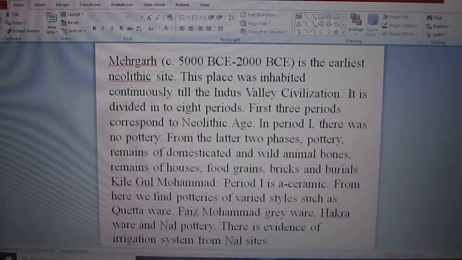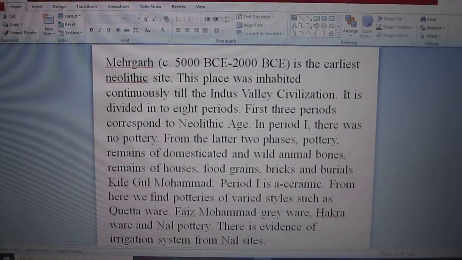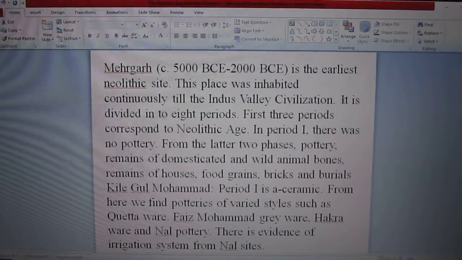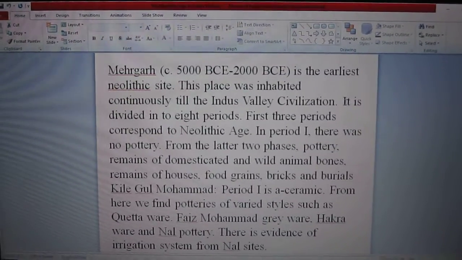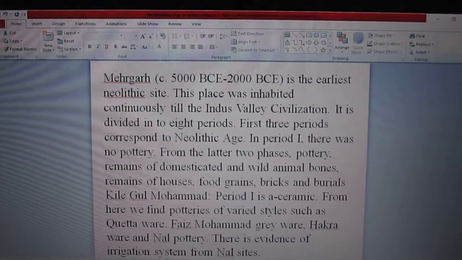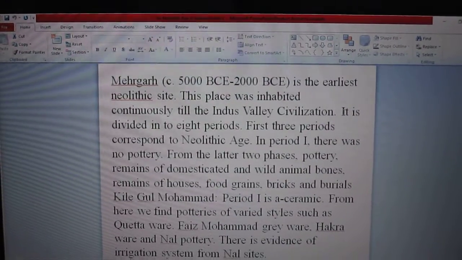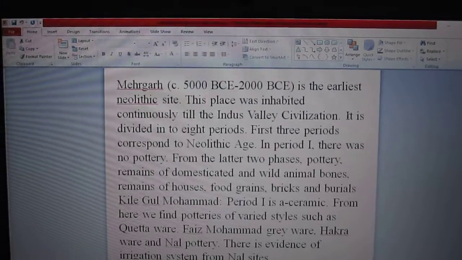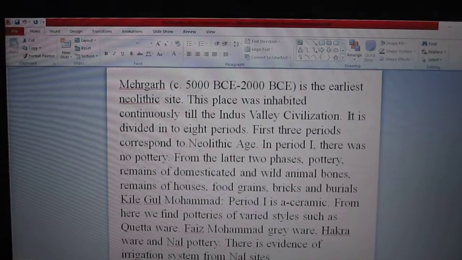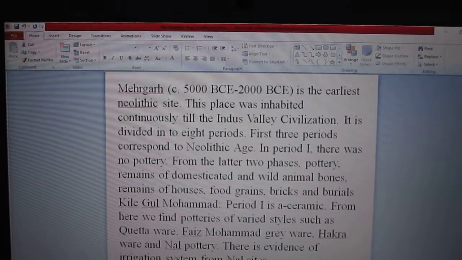It doesn't mean that hunting and gathering ceased to exist. There were still groups of people who lived as hunter-gatherers, but there were some people who started settling down and living in one place. Mehergarh exhibits evidence that people here were building houses and living in one particular area for a longer period of time.